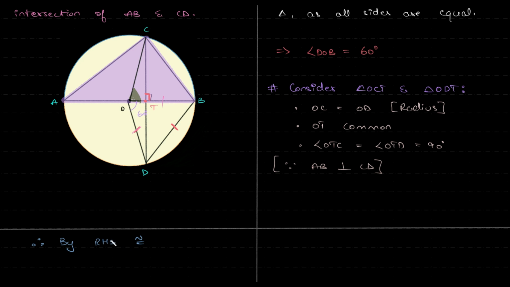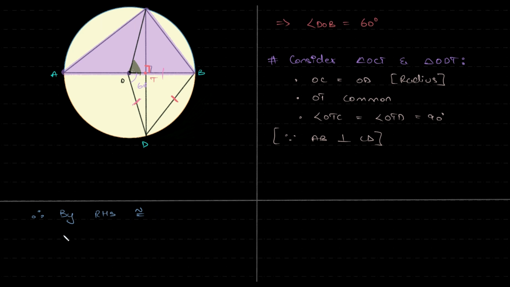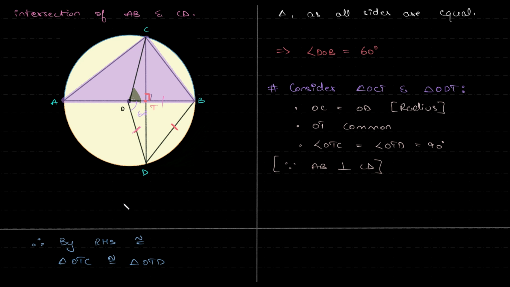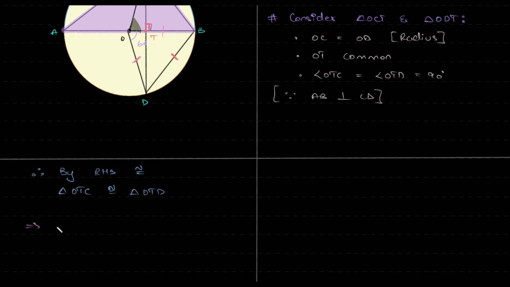After writing so much, if you mess it up, that won't make sense, is it not? You have triangle OTC congruent to triangle OTD. So from this, what can we imply? We can imply that angle TOC is equal to angle TOD, and both of these are equal to 60 degrees.